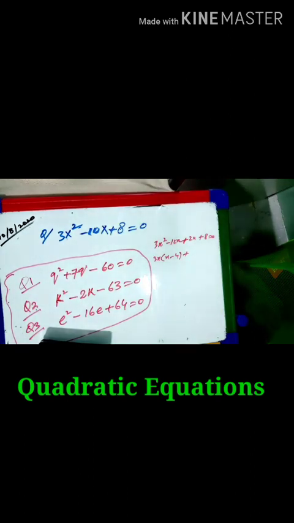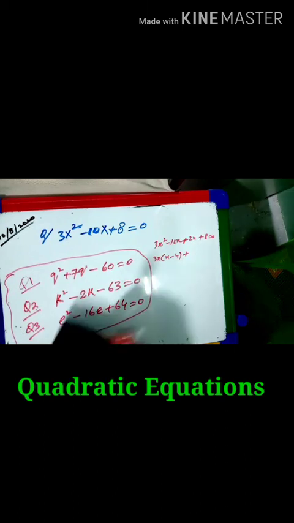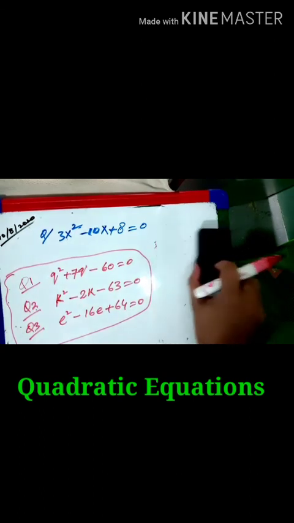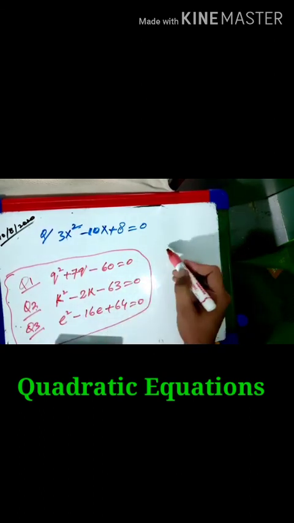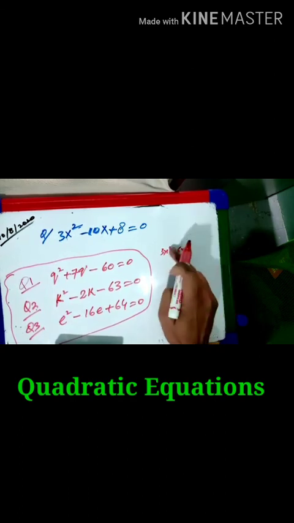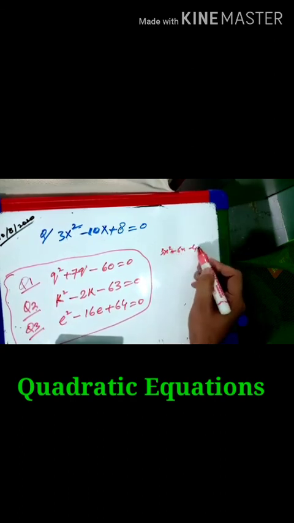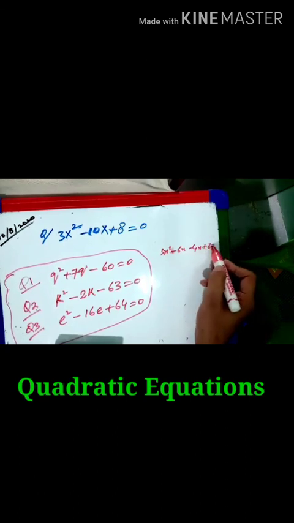So because the last two are giving different signs, 6 times 4 is 24. Yes, 6 and 4. Sorry, 12 and 2 is also not suitable, so I have to write 6 and 4. 3x square plus 6x minus 6x minus 4x and plus 8 equal to 0.